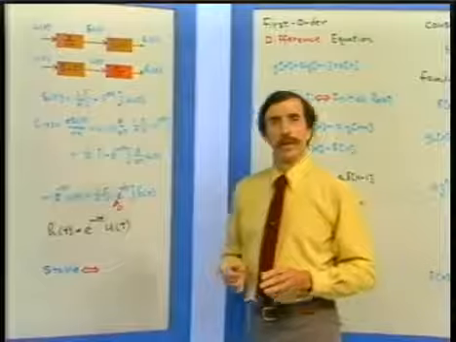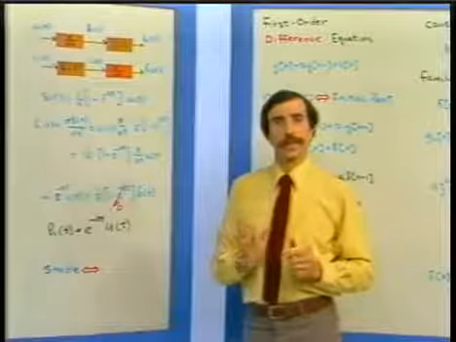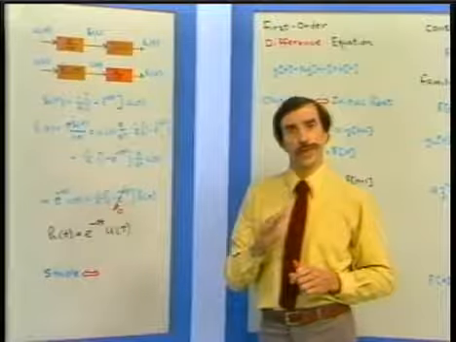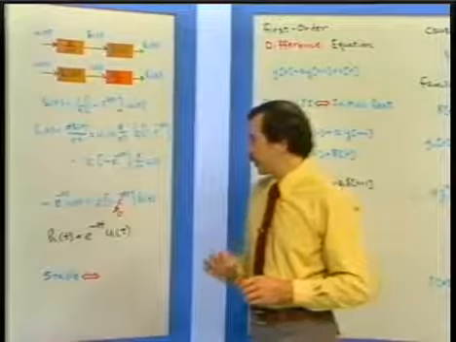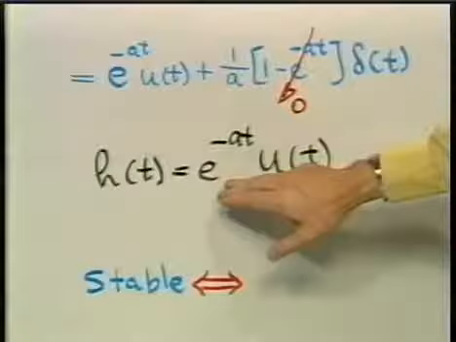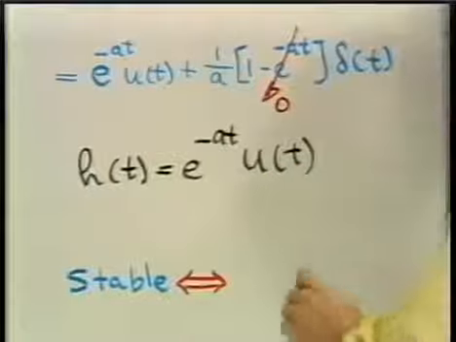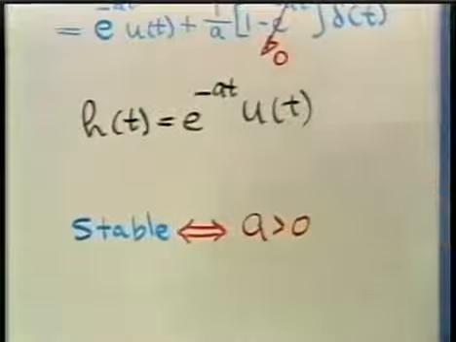And recall that, as we talked about previously, a linear time invariant system is stable if its impulse response is absolutely integrable. For this particular case, this impulse response is absolutely integrable provided that the exponential factor a is greater than 0.